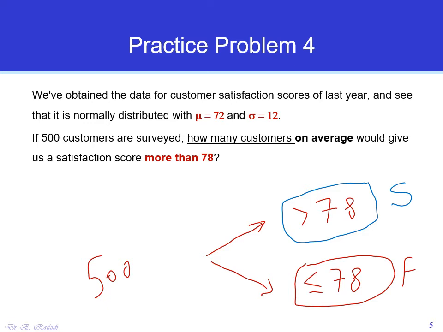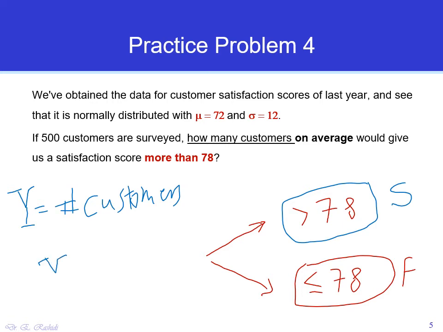If I define Y as the number of customers that would give us a satisfaction score greater than 78, what do you think the distribution of Y is? And consider that there are only two possibilities for each experiment or for each customer. So actually Y would have a binomial distribution.